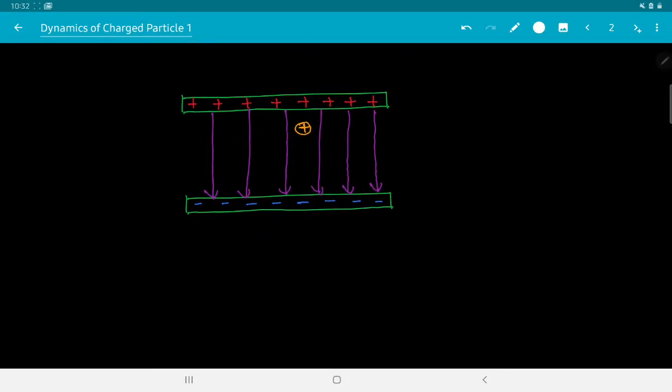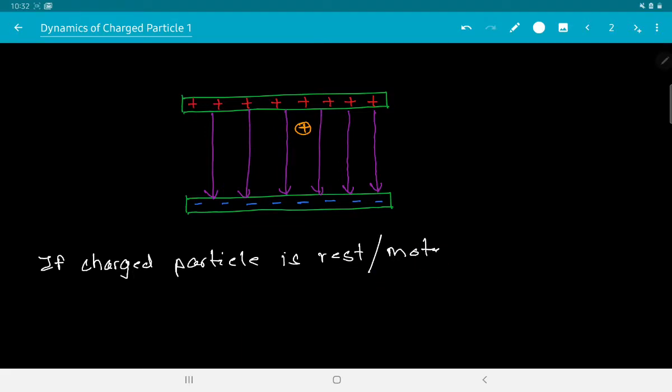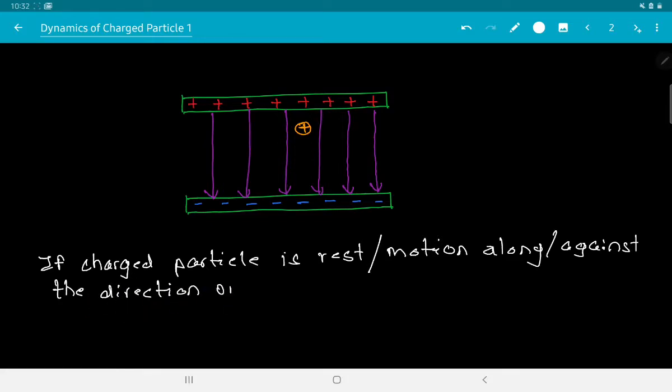That is, if the charged particle is at rest or it is in motion along or against the direction of the field, of the electric field.